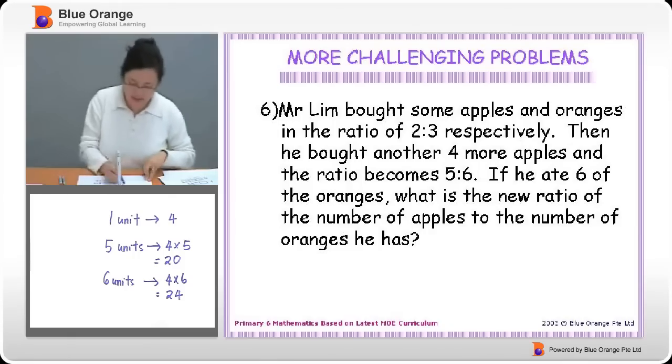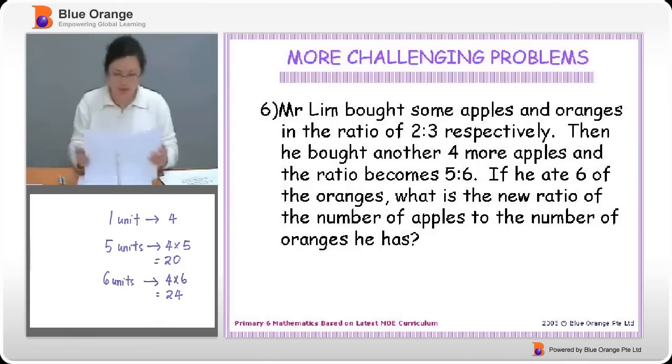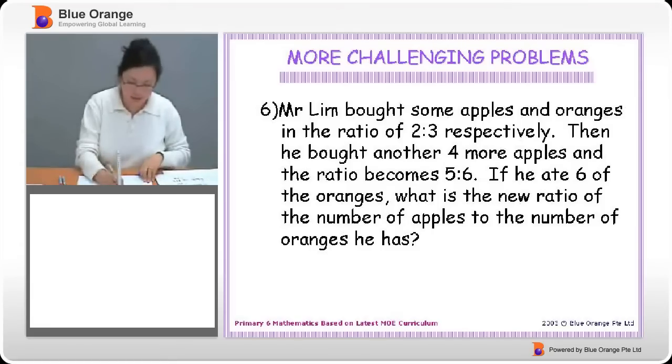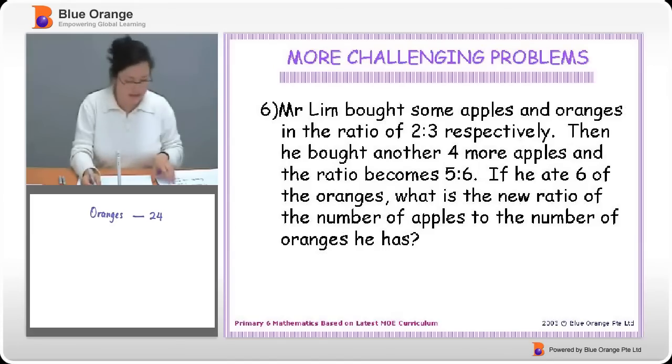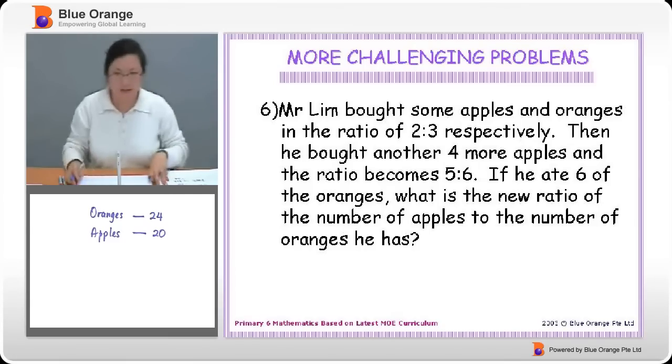Here we can write down a statement each so that you will not forget. Oranges that he had, 6 parts, that is 24. Apples, 20.